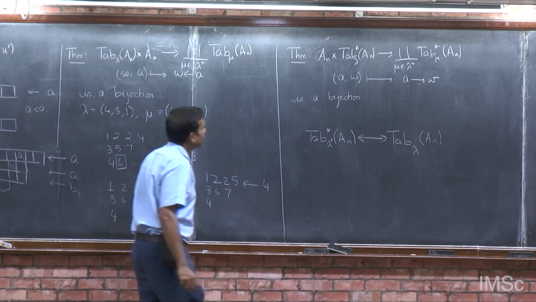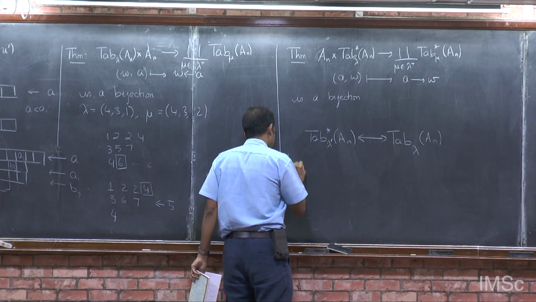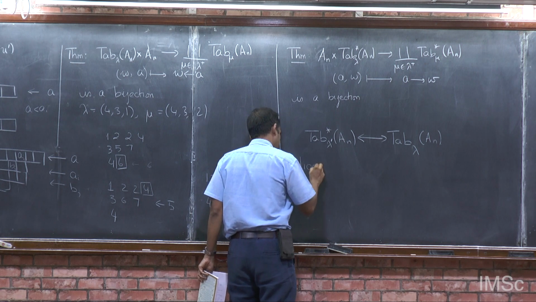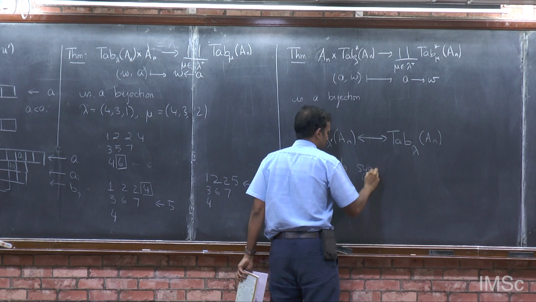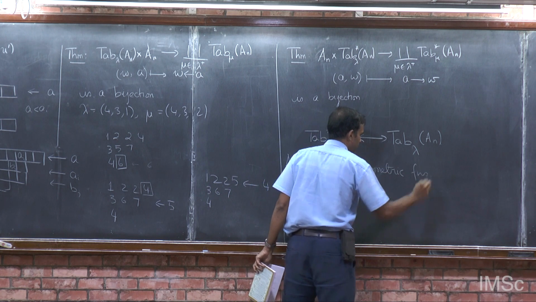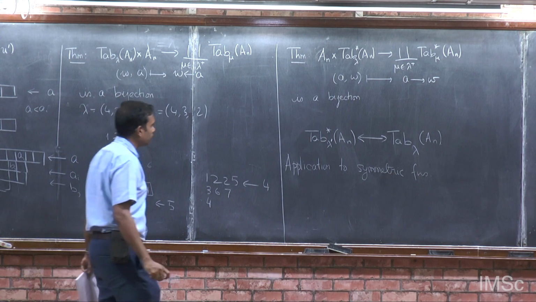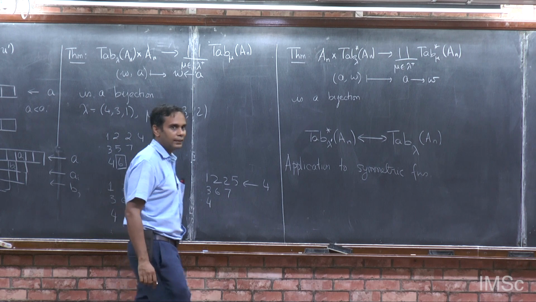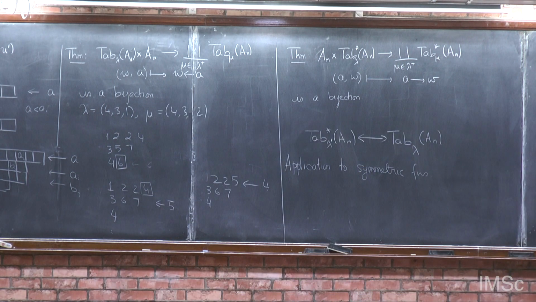Both these bijections have a nice application to symmetric functions. Okay, so let me remind you what is tab star A n. These are different when we think of them as words.